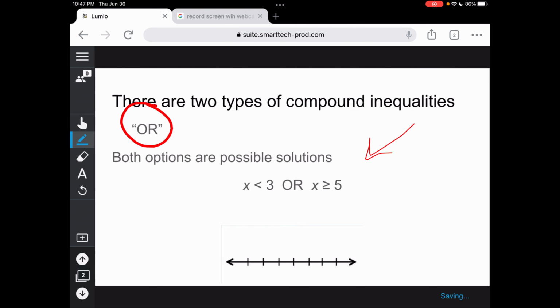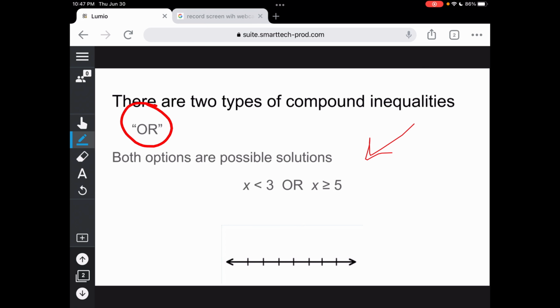Now, what an or compound inequality means is I give you two situations, one or the other. In this case, we have x is less than 3 or x is greater than or equal to 5. If I order a pizza, right? You guys like pizza, and the person's like, what topping do you want on it? And I'm like, sausage or pepperoni.